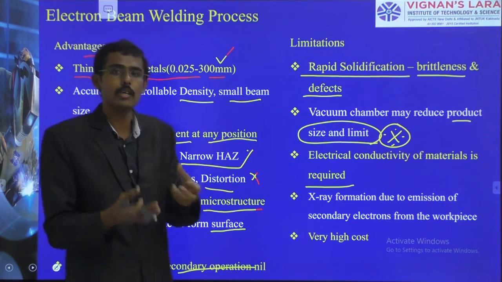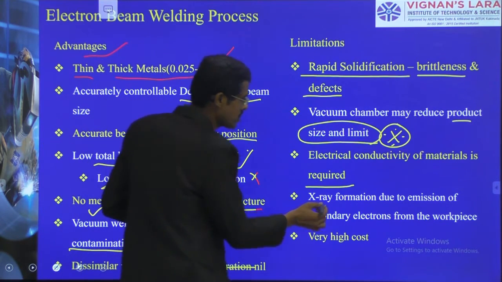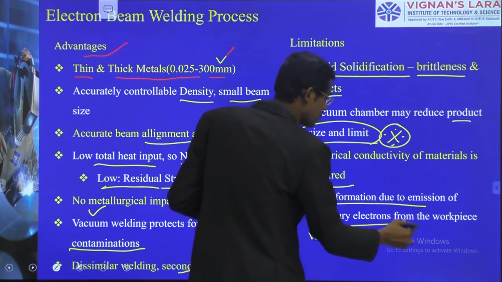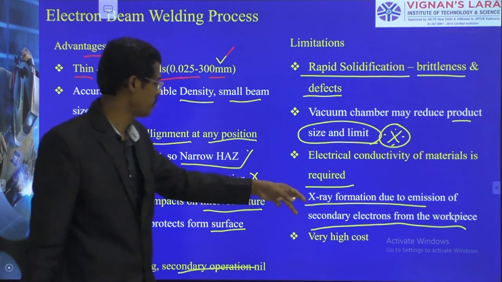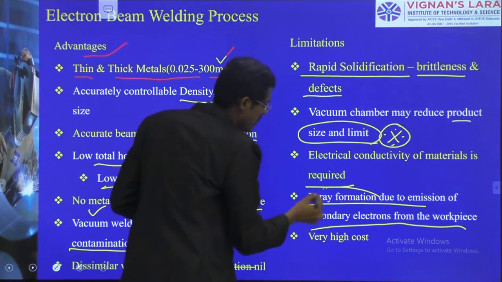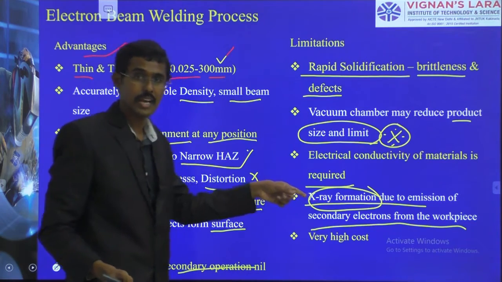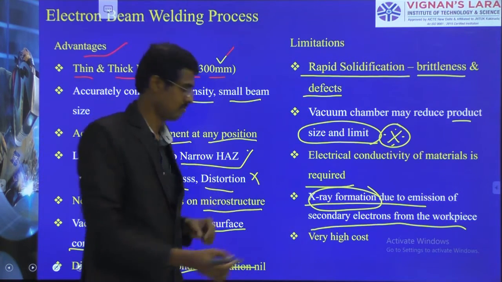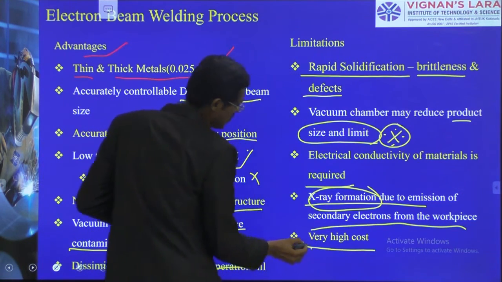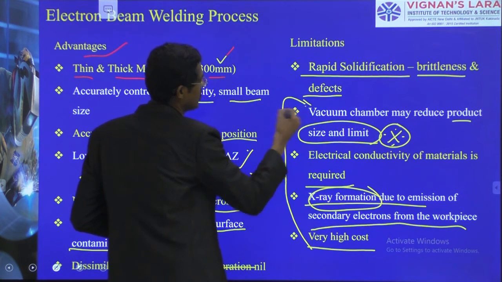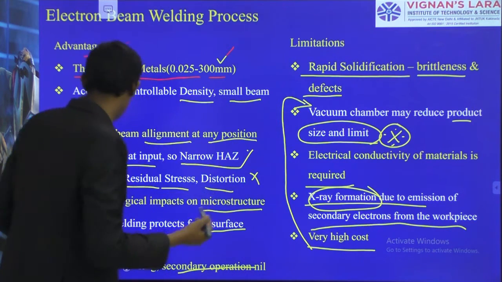Therefore an electrically conductive material is needed. X-ray formation occurs due to emission of secondary electrons from the workpieces, so there will be some problem of X-rays. It is very difficult and must be handled carefully. Very high cost. Why is it high cost? Because it is vacuum. Obviously it becomes high cost.